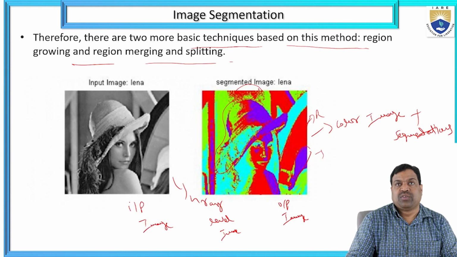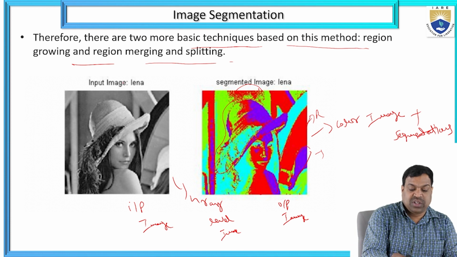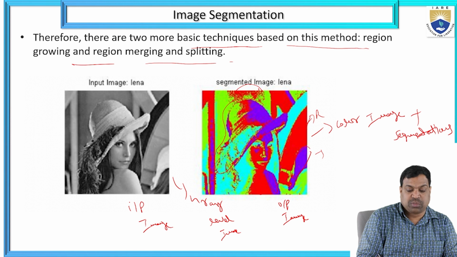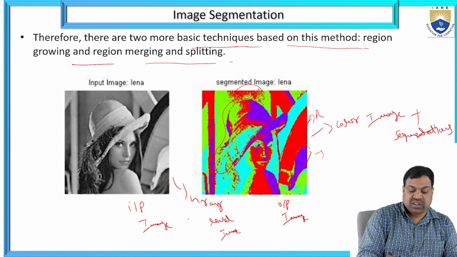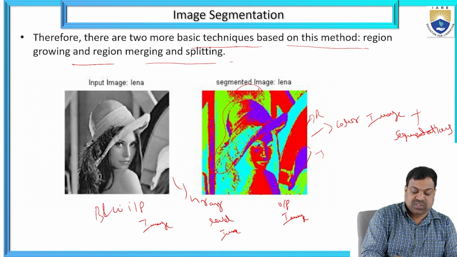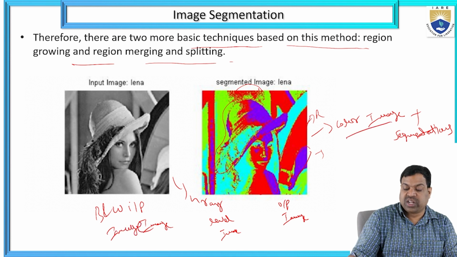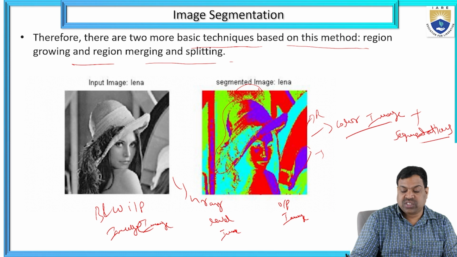Therefore two basic techniques based on this method are region growing and region merging, which we will discuss here. A gray or black and white image is converted into a color image with the segmentations.